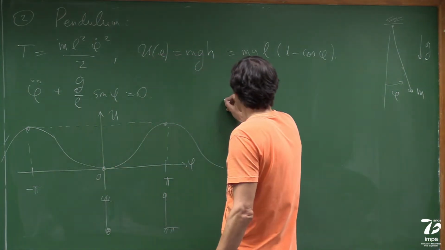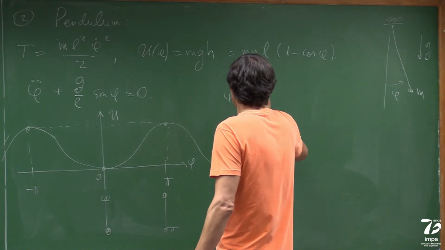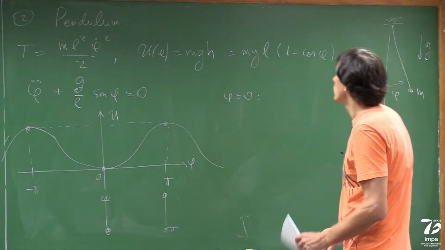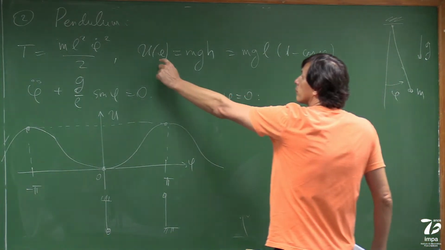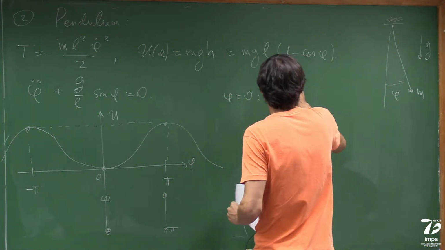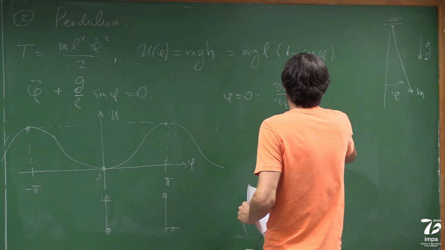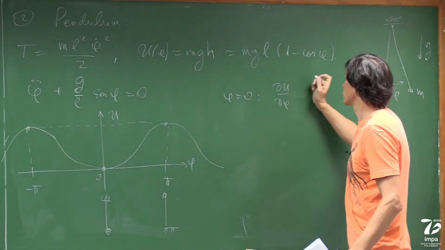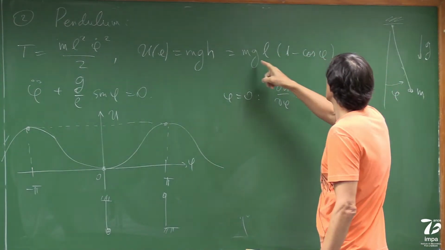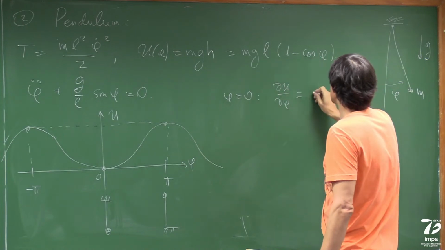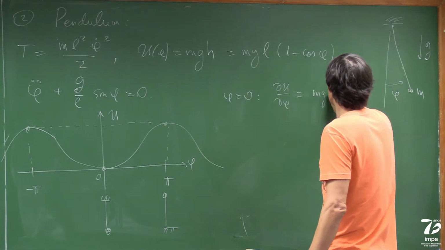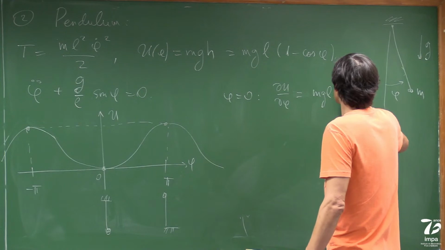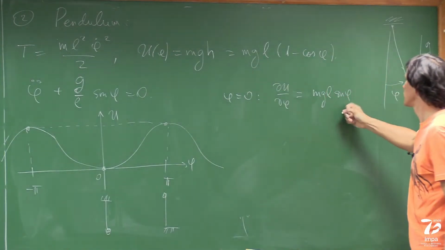And you see that at this point, when phi equals 0, what is the derivative? First of all, the derivative will be mgl sine phi. So the derivative is 0.